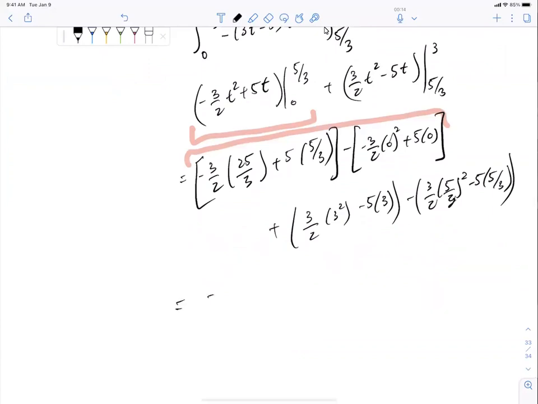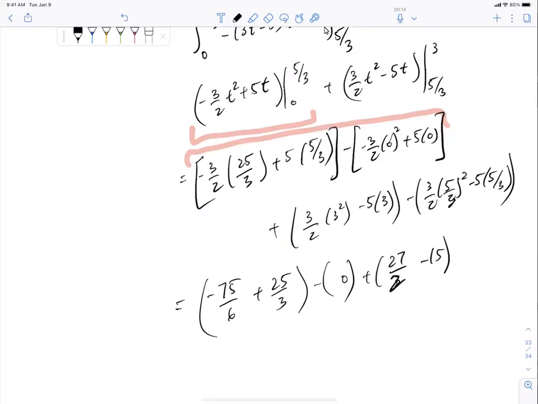So I get negative 75/6 plus 25/3 minus 0 plus 27/2, minus 15, minus 75. Oh, sorry, this is 25/9. 75/18 again.